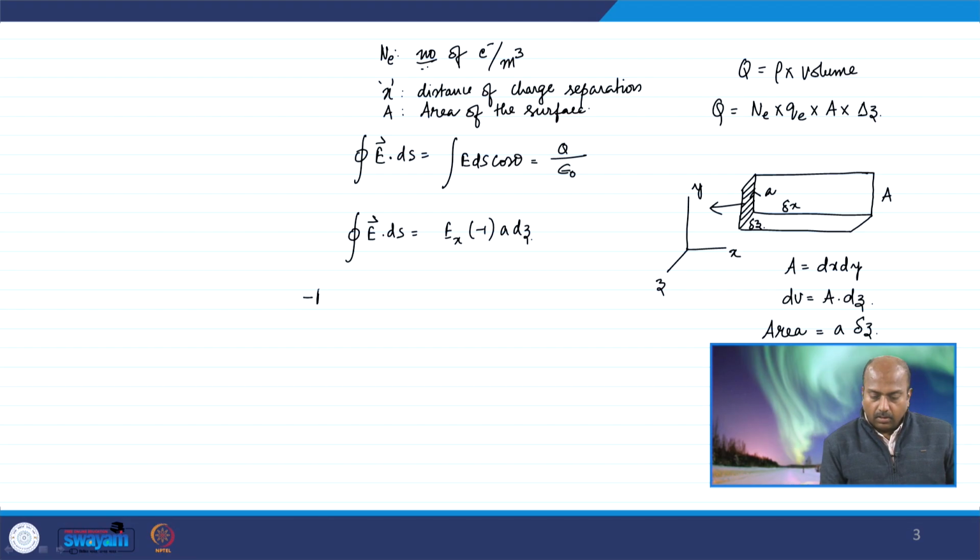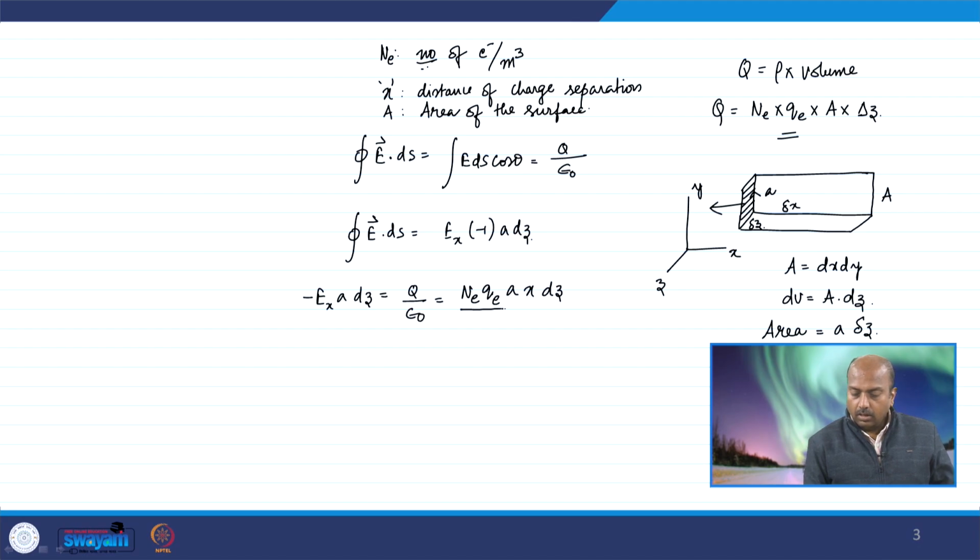So minus Ex a dz is equal to Q by epsilon naught. Q in turn is equal to this, which can be substituted as Ne QE small a x dz divided by epsilon naught. Just substituted this onto the right hand side.